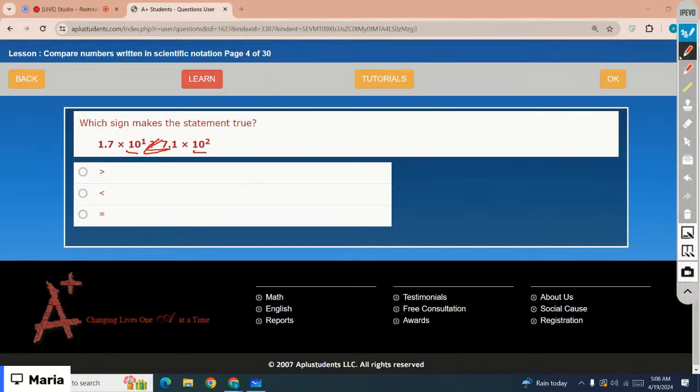So that would be 1.7 times 10 exponent 1 is less than 7.1 times 10 exponent 2. Got it? The correct option is less.